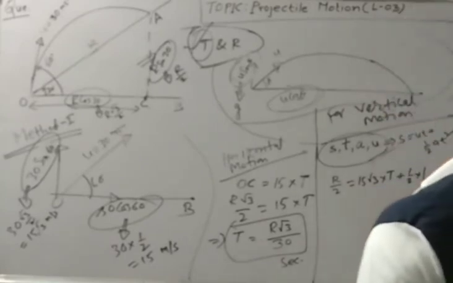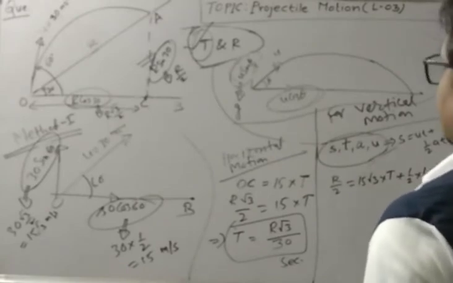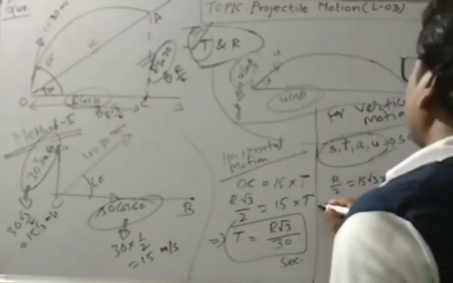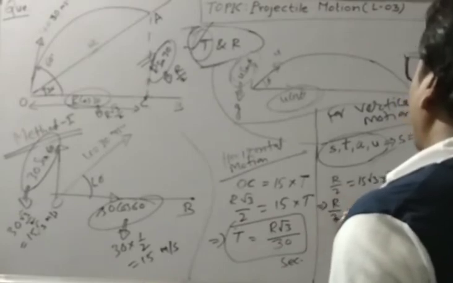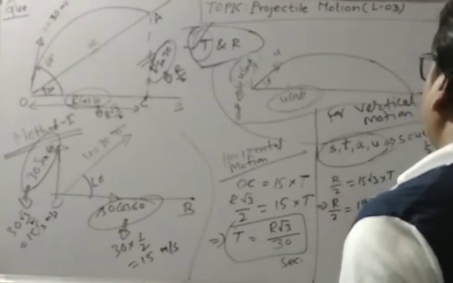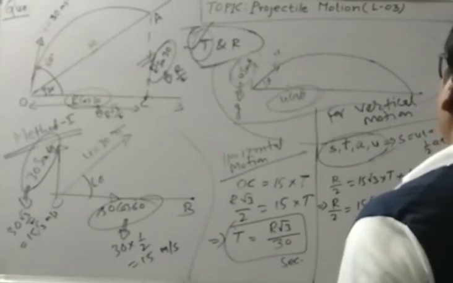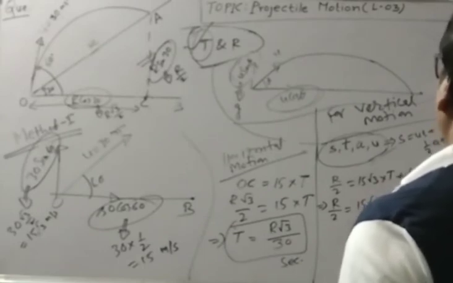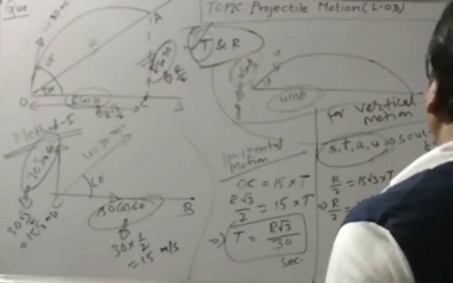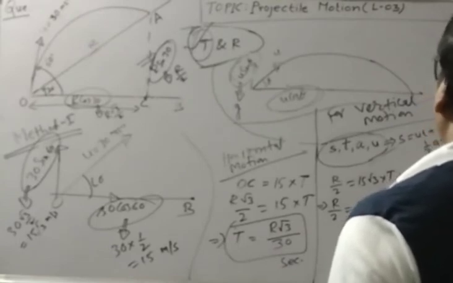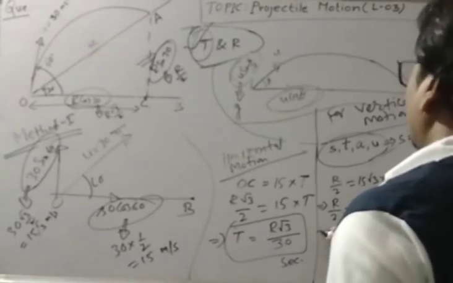So this is minus 10 and t is capital T square. So this will finally give you R by 2 equals 15 root 3 into T minus, the 2 and 10 will cancel out, so these two terms will give you 5, minus 5 T square.